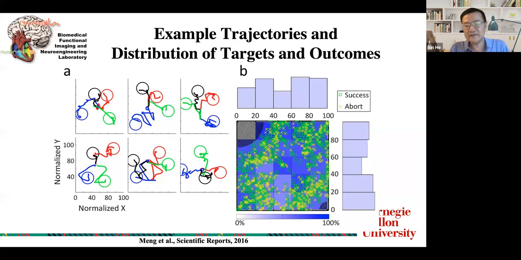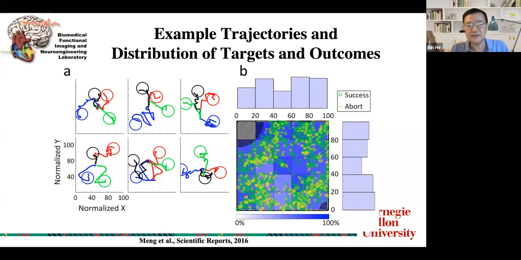We have conducted this experiment in about a dozen human subjects. The left panel illustrates 6 subjects, with different colors of trajectory illustrating different human subjects.